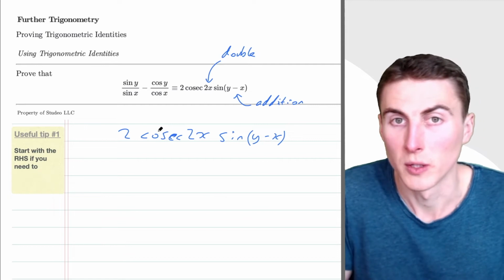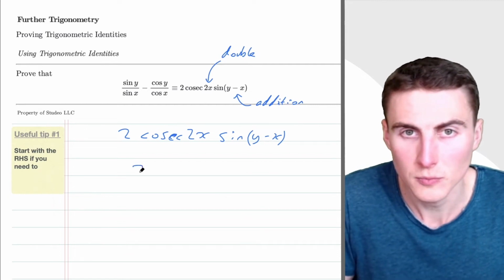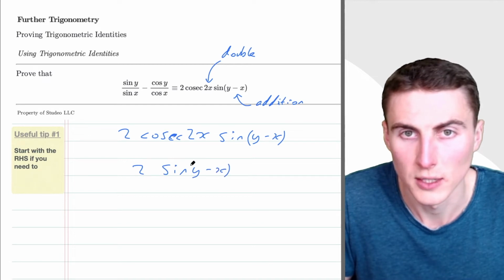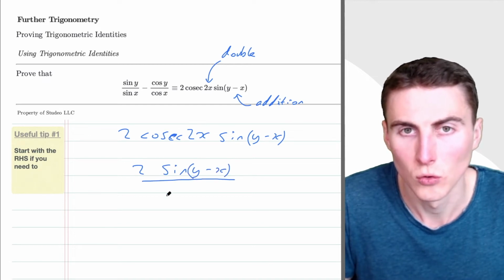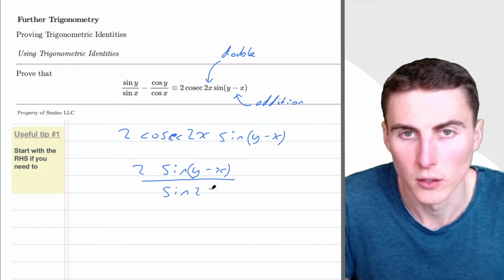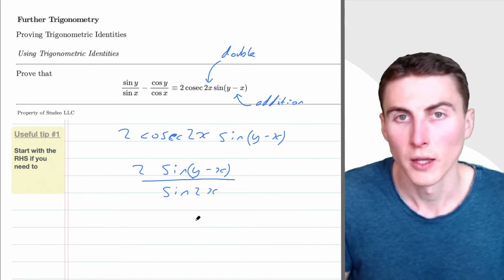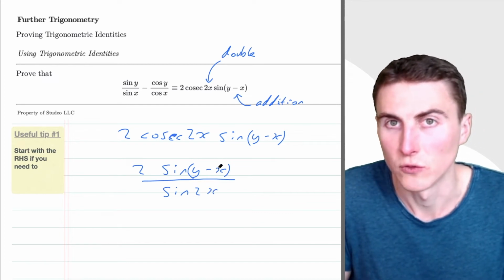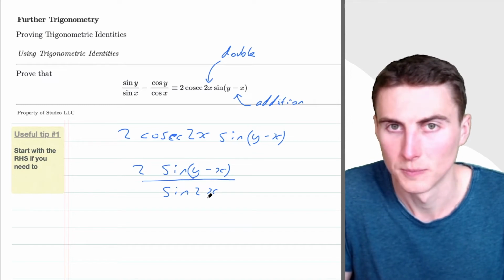So what I'm going to do is put this cosec on the bottom first of all. So we'd have 2 sine of y minus x on top, all over sine of 2x. And as we said, we now have the addition formula here and the double angle formula here.